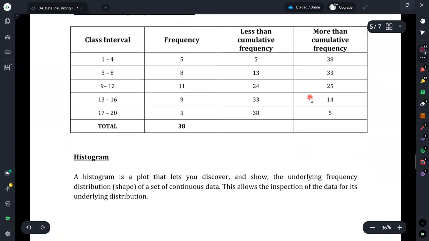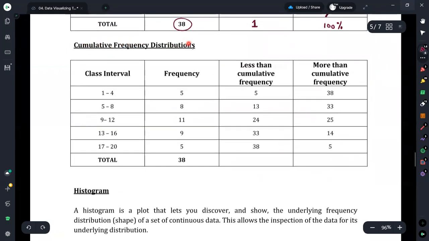Now we will move to the next part, obtaining the cumulative frequency distribution. When obtaining cumulative frequency distributions, generally we focus on two categories. The first one is the less than cumulative frequency distribution, and the next one is the more than cumulative frequency distribution.